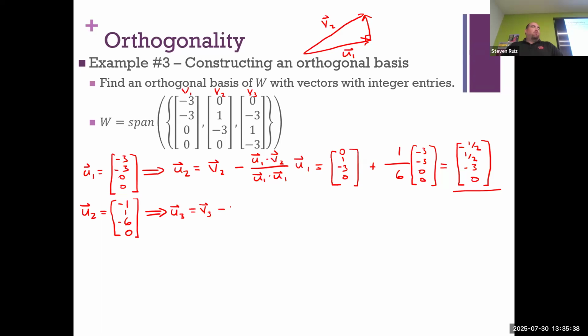If we got to be specific, because there's so many vectors now, 2 times U2 dot V3, all over U2 times V2. Times V2. Yep. Check 1.